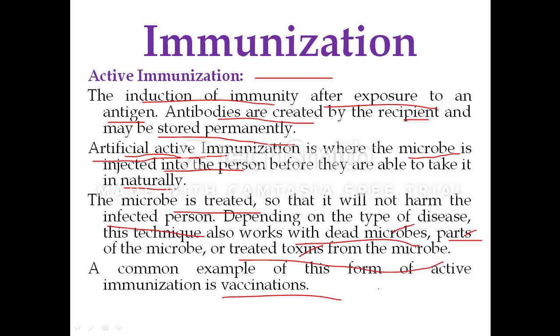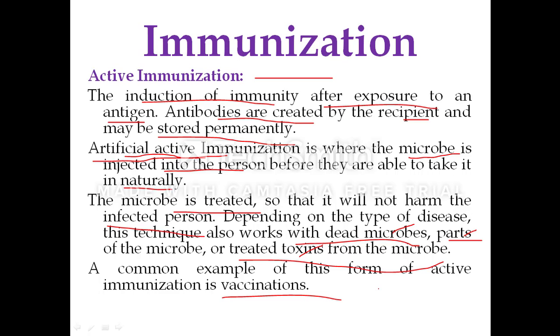The agent used for the active immunization is termed the antigen, or also immunogen or vaccine. It may consist of a live antigen or attenuated viruses, like in case of measles, or bacteria, BCG, or killed microbes in case of Vibrio cholerae.